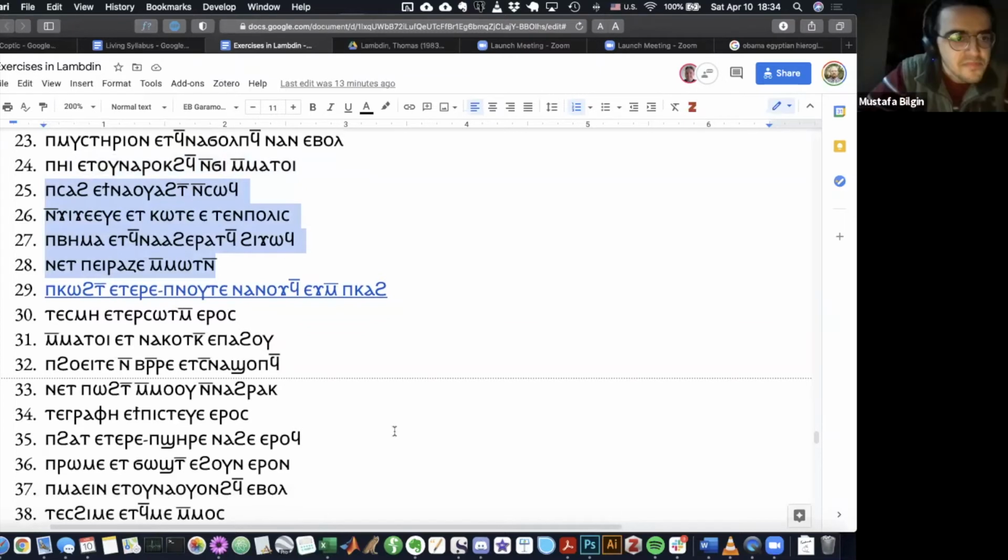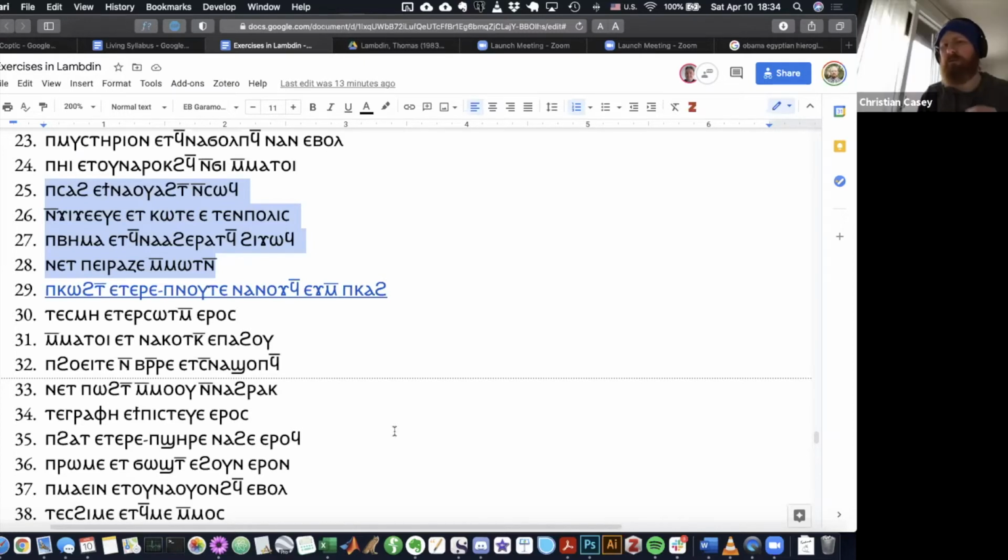Psah etna owacht en sof, the scribe which I will repeat after him. Repeat? Oh, it can mean repeat. Okay, yeah, but in this case, it's not repeat.